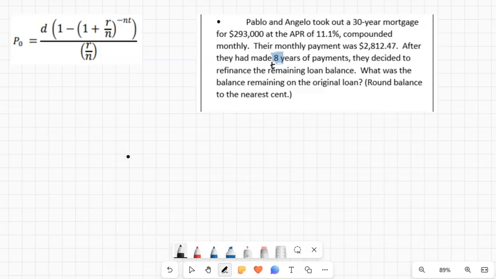All right, pause it and see what you get. What you should end up with is P sub 0 equals $277,303.88. All right, I hope this helped.